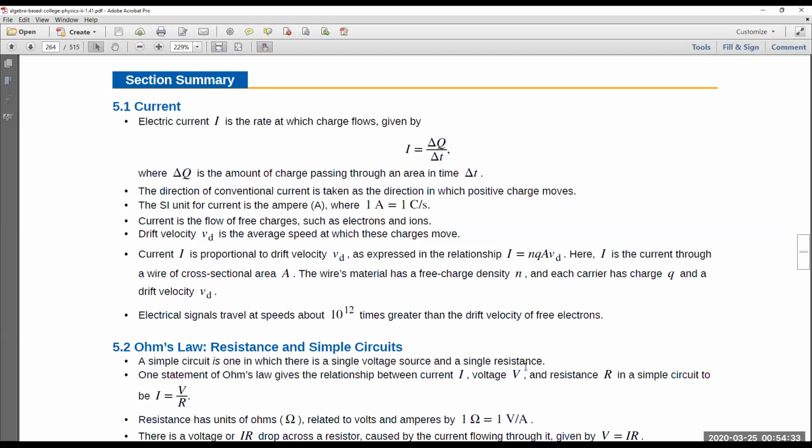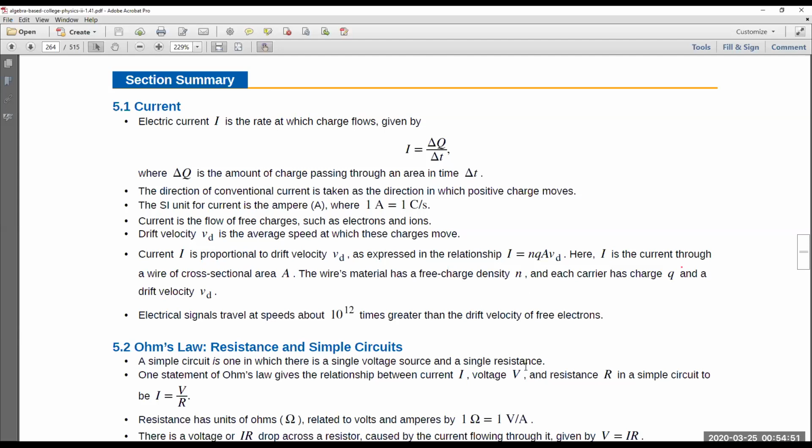So electric current is defined as the rate of flow of charge, or the amount of charge passing through an area in a given time interval.